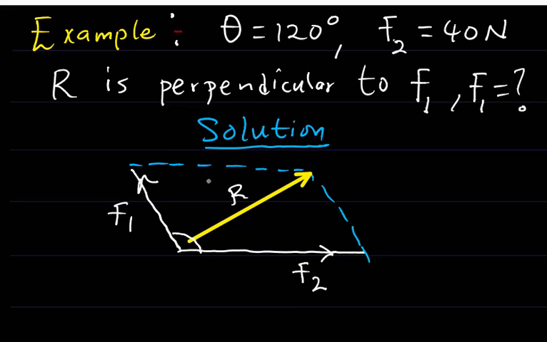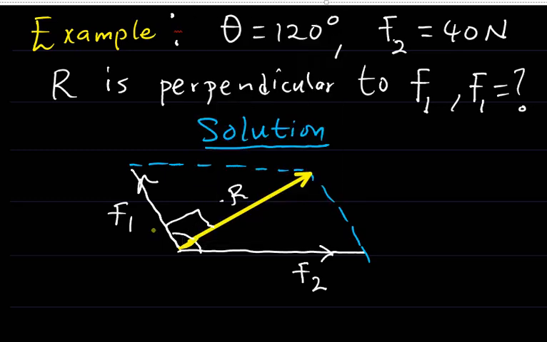Now, anyhow you want to draw it, I represent the smaller force by F1, of course, and the bigger force. We are told that the resultant and the smaller force are perpendicular.